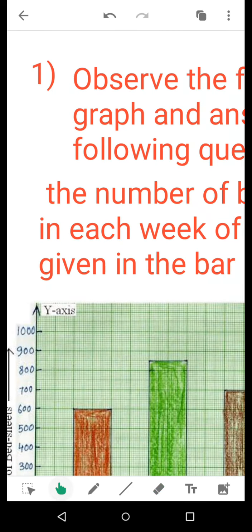If you look from here, 850. Why? 800 has already been crossed, and this bar comes in between 800 and 900. As you know, the intermediate line is the average of the two numbers, so you can see that it has just touched 850. So the number of bed sheets sold in the second week is 850.